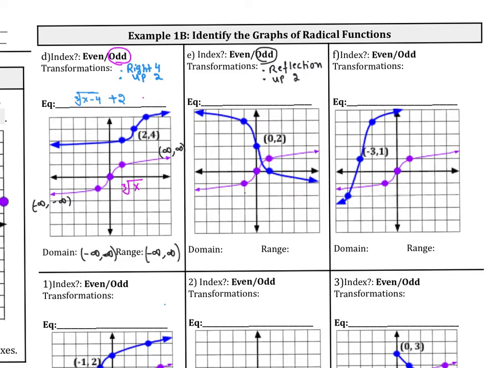So the graph that we are going to get is, first of all, we write a negative in front, and then a stretch by 2, and then the cube root of x, and after that it is going to move up 2 units.